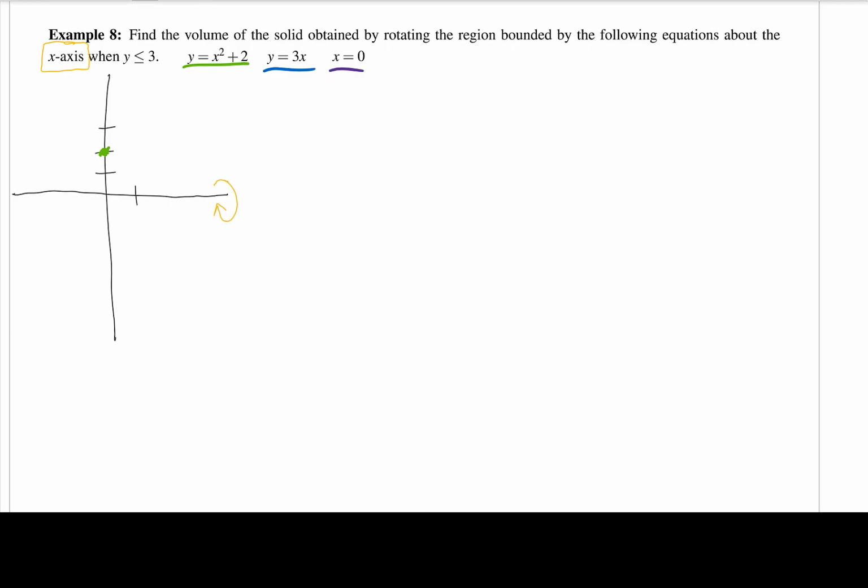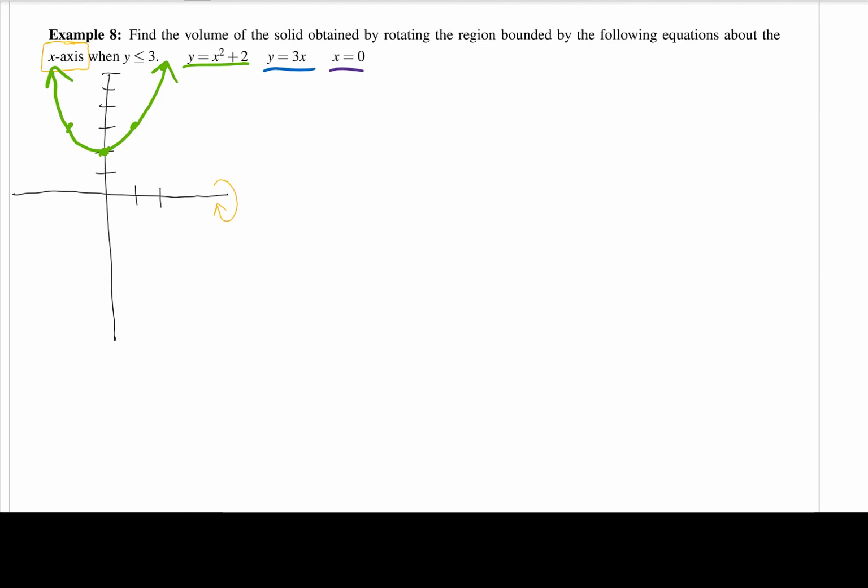Okay. I should get points here and here. I'm going to go one further, 2. So that'd be 2 squared, which is 4 plus 2, so 4, 5, 6. It looks something like that.